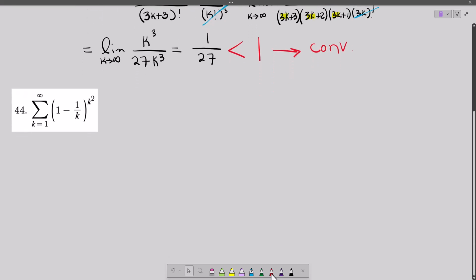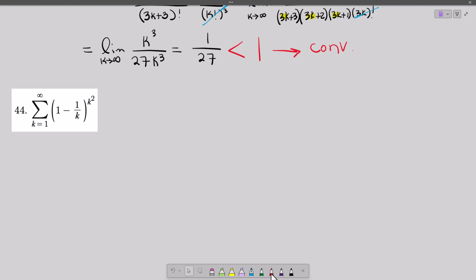Let's look at this one. Now, one thing we've seen when we've looked at this type of thing is that it almost looks like an e thing. But remember, the e thing, the outer power is just k, not k squared.